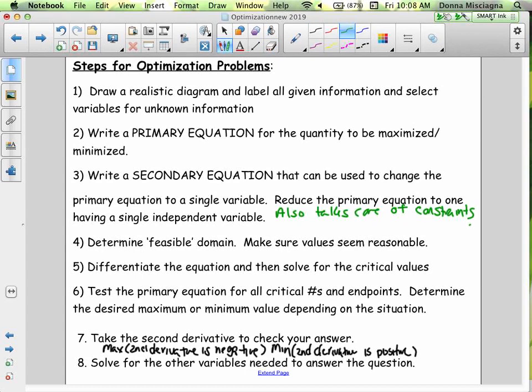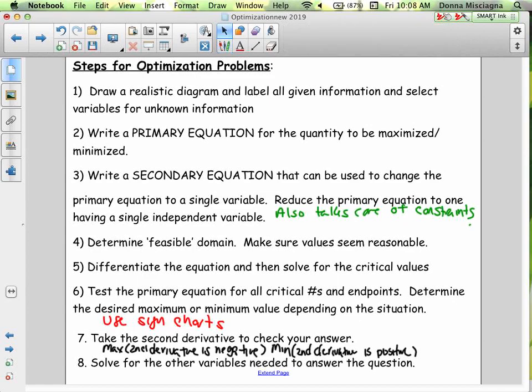We're optimizing. Test the primary equation for critical numbers and endpoints and determine the desired maximum or minimum value depending on the situation. That's where the sign charts went. So we can use our sign charts to help us out.